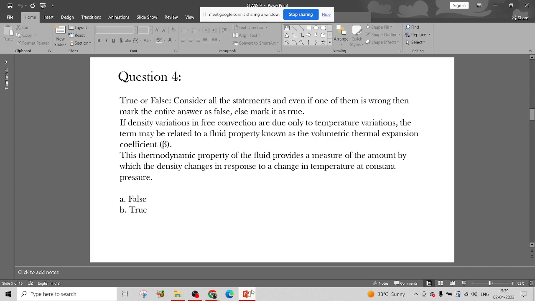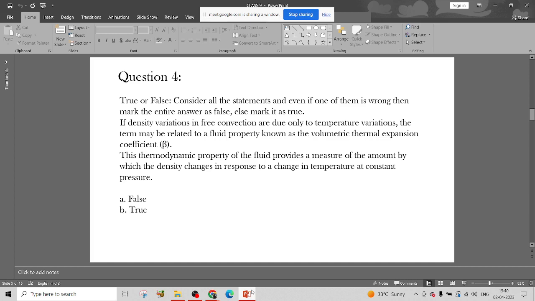If the density variations in free convection are due only to the temperature variations, the term may be related to a fluid property known as volumetric thermal expansion coefficient, a thermodynamic property of the fluid that provides a measure of the amount by which the density changes in response to a change in temperature at constant pressure. Okay, so let us solve it right away.